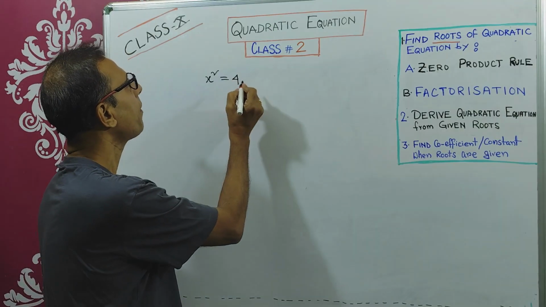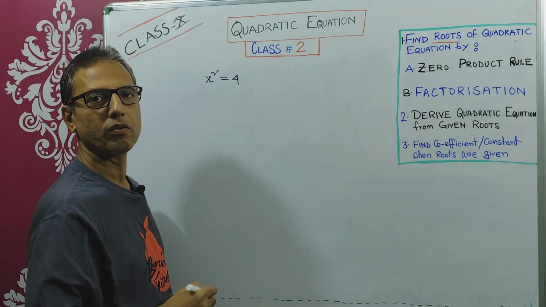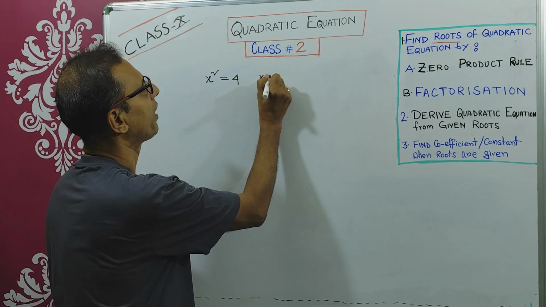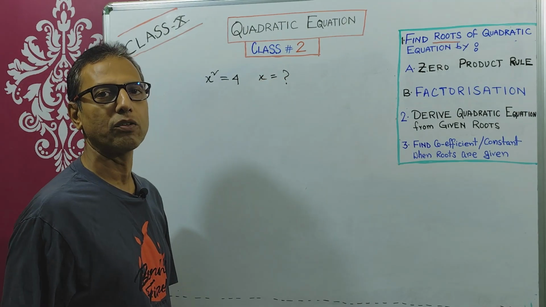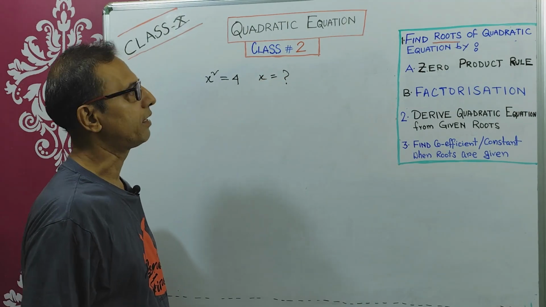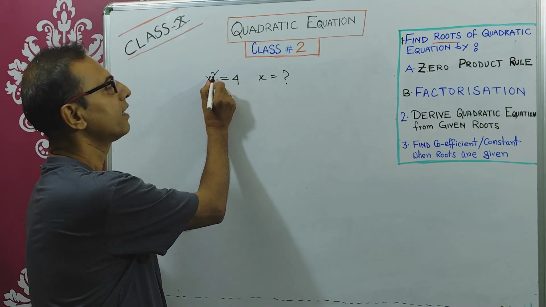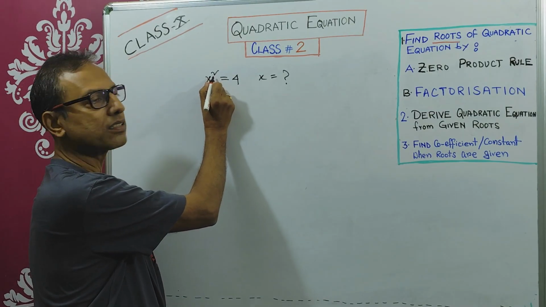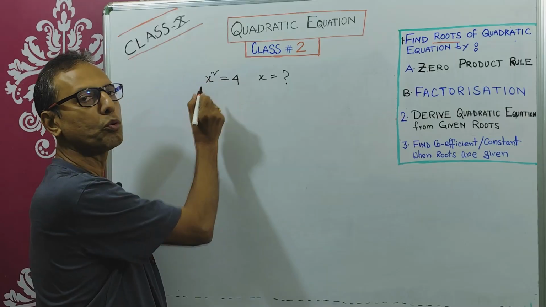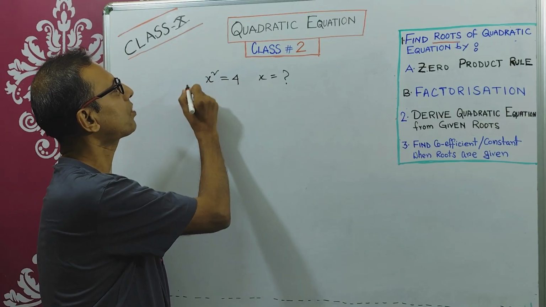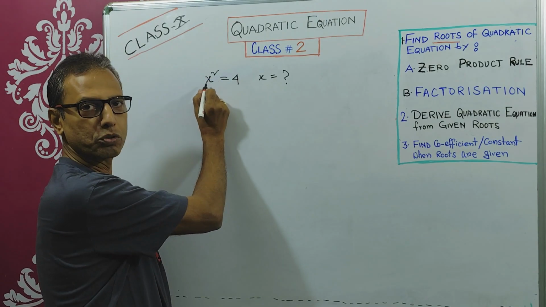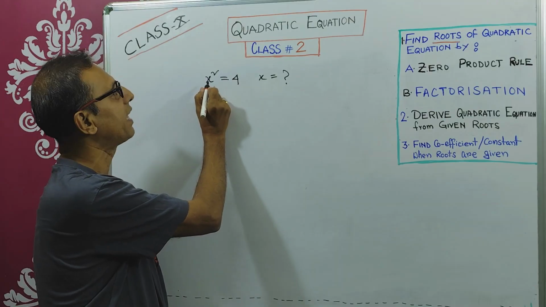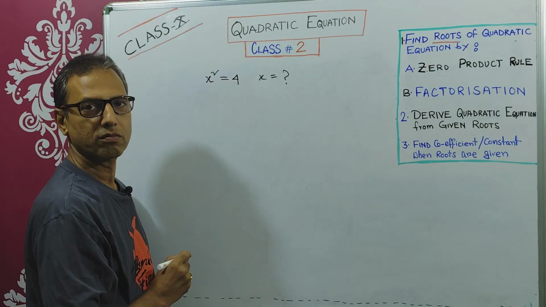How will you derive the value of x? The degree of the variable x is 2. That means this equation has two roots, or two solutions of x, that will satisfy this condition.